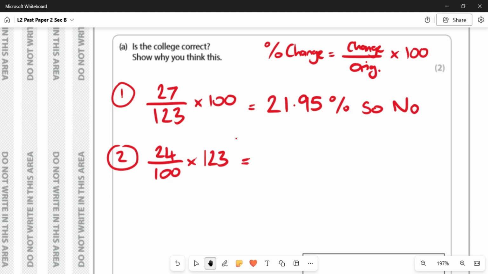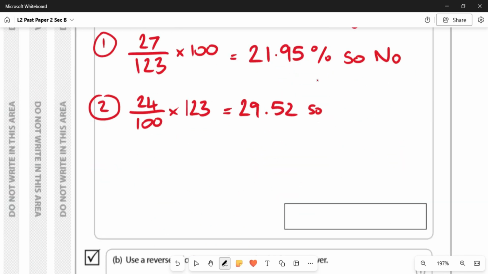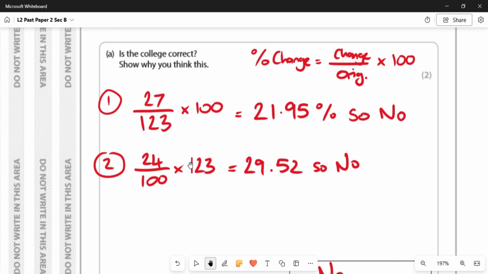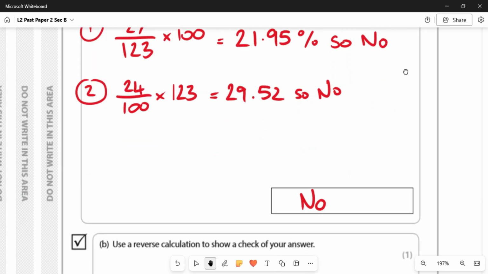So 24% of 123, and that gives you 29.52, which is obviously not the same as what they said, 27. Yeah, so again, that is a no. So obviously, whichever way you do it, makes no difference. Still going to be a no in this answer box here, but you just have to show some kind of working out, either method 1 and show these numbers, or method 2 and show these methods. I'm sure there are other ways as well, but I'll just show you two methods, and that's good enough.